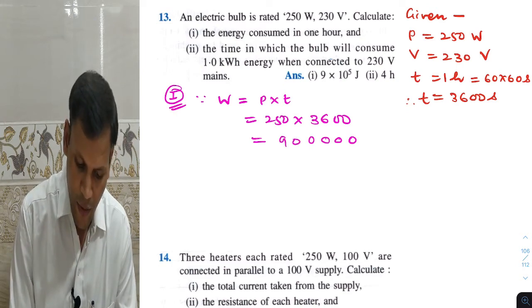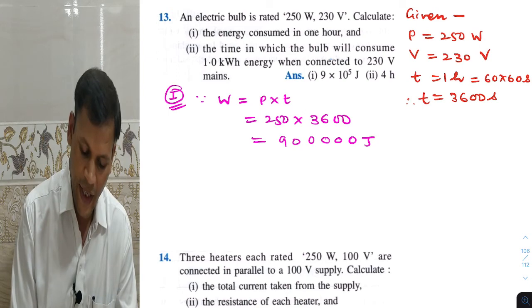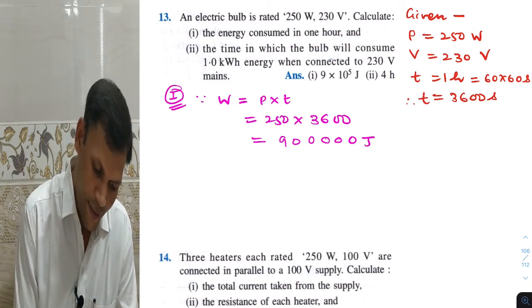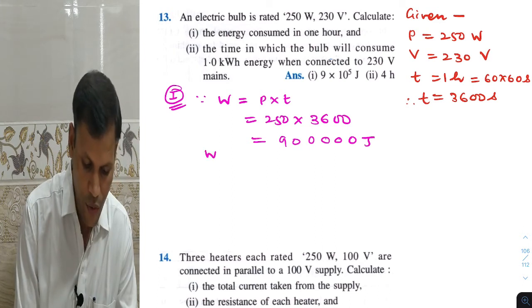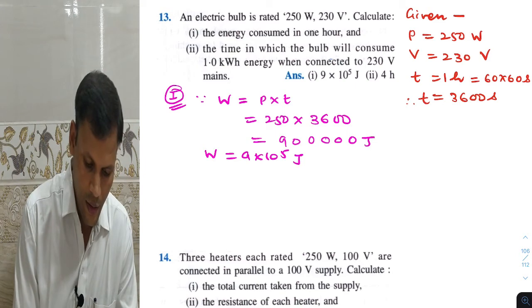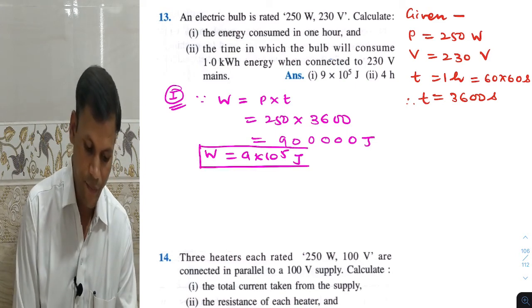So we get that many joules, which we can write as 9 into 10 raised to 5. So finally the answer is W equals 9 into 10 raised to 5 joule. Okay, this is the answer.